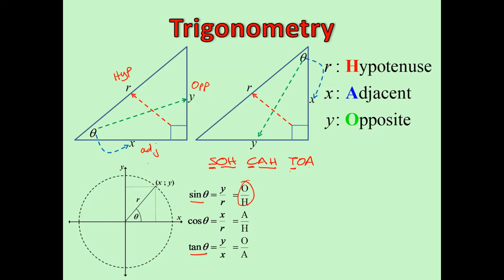So remember, SOH CAH TOA. We are going to use this a little later on. So the question is, when do we use SOH CAH TOA? If we're sitting with a right angle triangle, not in a Cartesian plane, it's very handy to use SOH CAH TOA. If we're in a Cartesian plane, then we would use y over r, x over r, and y over x.